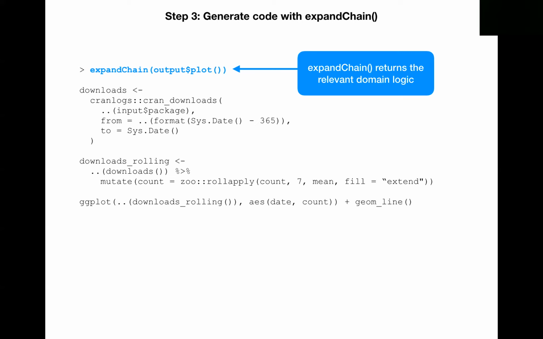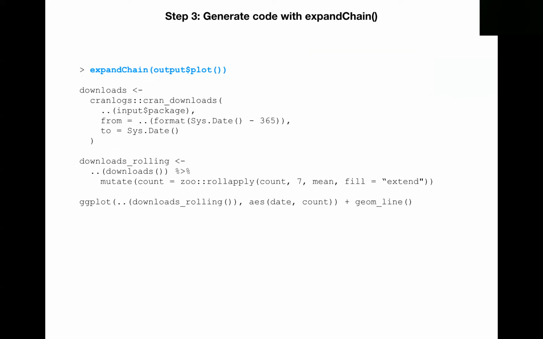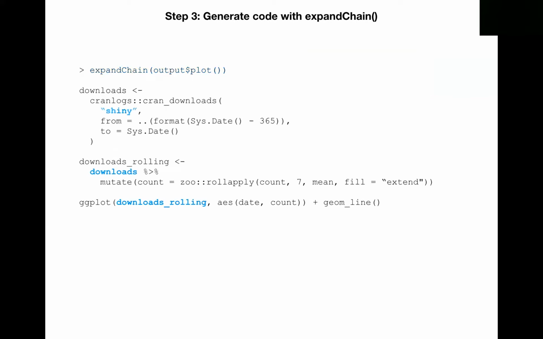So it knows enough to know, in order to create this plot, not only do I need the logic to compute downloads rolling, but I also need the logic to compute downloads as well. And this is not actually the code that it's going to spit out, but it's going to resolve these dot dot operators.